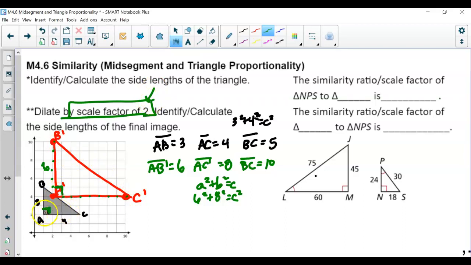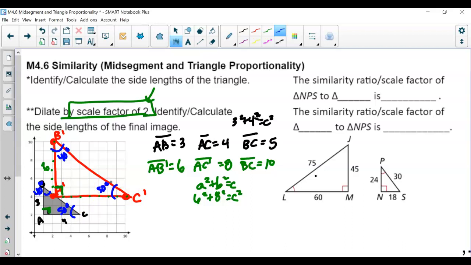Did we also double those by a scale factor? No, they stay the same. So here, our corresponding angles are congruent. If angle B was 40 degrees, then guess what angle B prime is going to be? 40 degrees. If angle C is 50 degrees, then guess what C prime is? 50 degrees. So that stays the same.